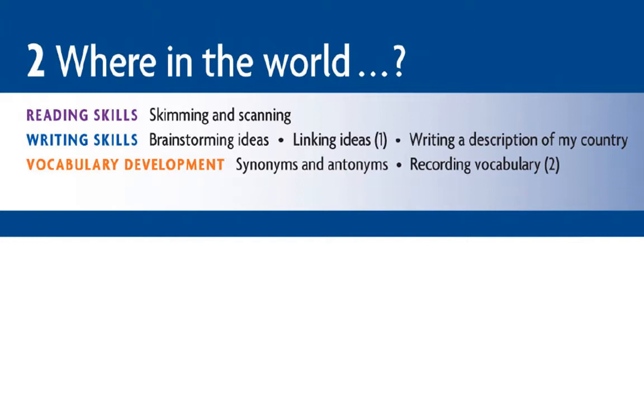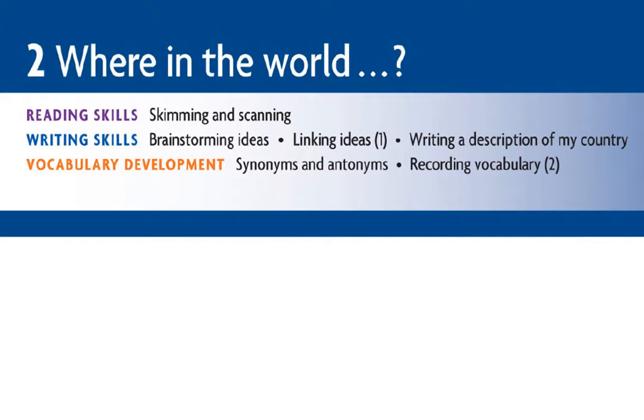In the second section, which is writing skills, we will talk about brainstorming ideas, and there's a practice on how to brainstorm, and also using linking ideas. There are some methods of linking. We will focus on using but, however, and although in linking sentences.